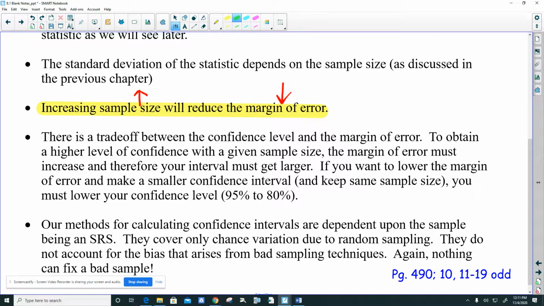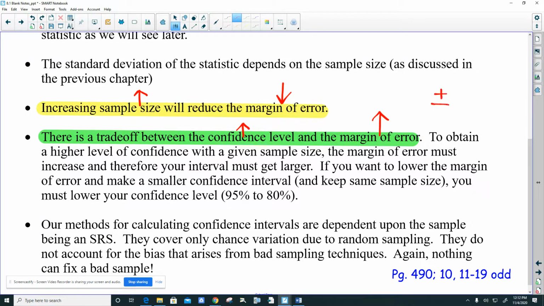And finally, there is definitely a trade-off between your confidence level and your margin of error. Okay, if you want to be more confident and go up to a 99% confidence level, what that is going to do is cause your margin of error to actually go up, okay?